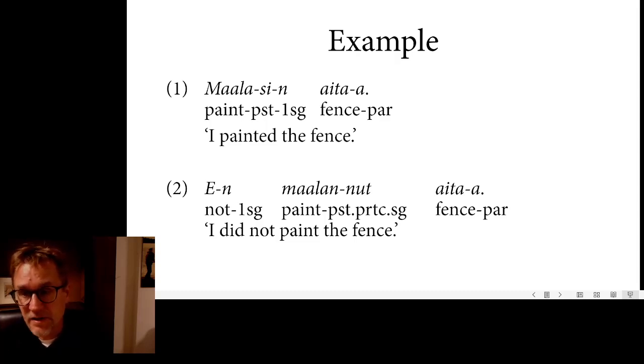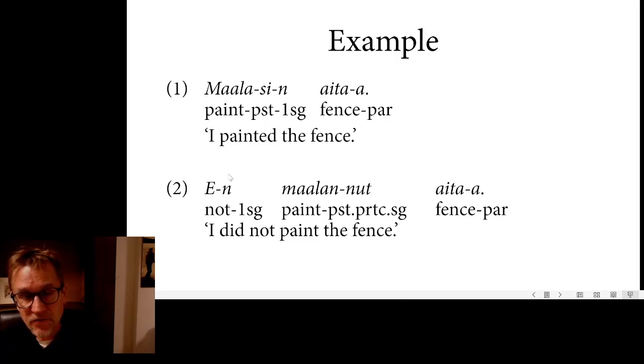So anyway, the agreement here occurs as part of the finite verb, and it's expressed by this first person singular suffix, corresponding to the subject I. And then there is a second example, en maalannut aitaa. Here we have a negated sentence, and Finnish is a little bit exceptional in that the negation behaves like an auxiliary.